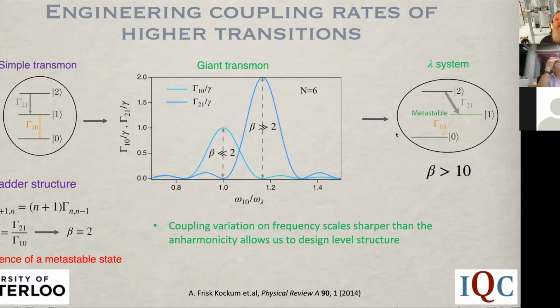So this was an interesting goal. If we can make this frequency dependence sharp enough, if we can control the transition rates of these individual levels, and if, based on numerical studies, we can push into this beta greater than 10 regime, we can make an effective lambda system and really enhance the richness of our system for doing quantum optics.